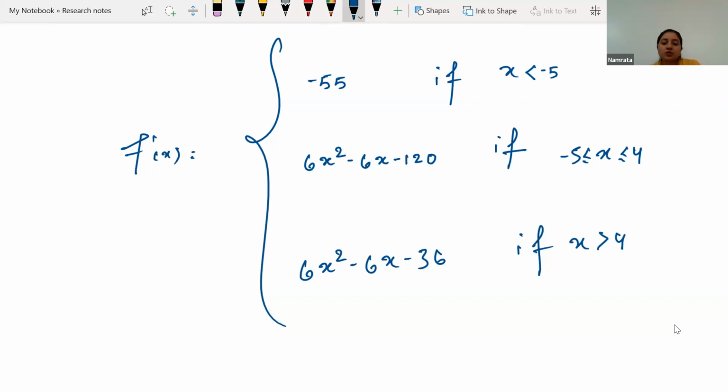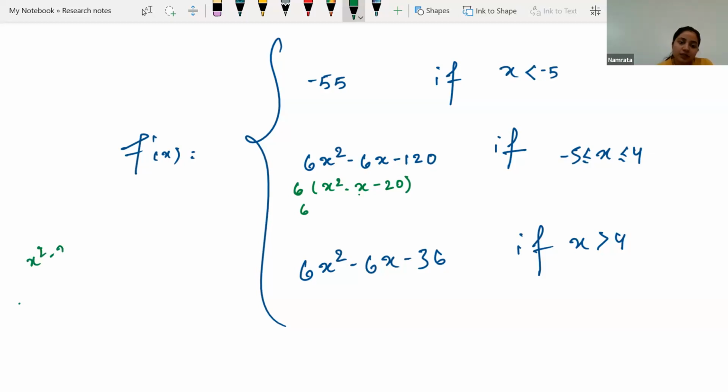We will try to factorize the second one and third one, and then we will repeat the same process. Let's do the factorization quickly. For the second one, we can take 6 out common. It will become x square minus x minus 20. 5 times 4 is 20, so we can break it as minus 5 plus 4.